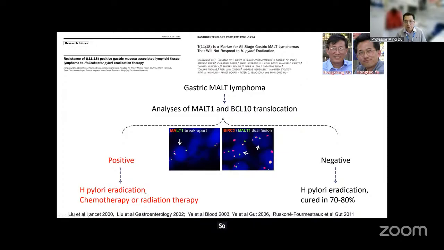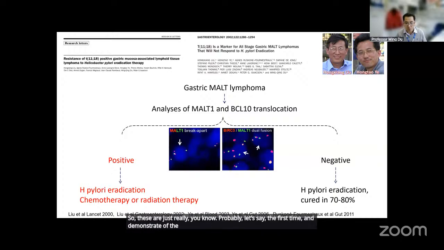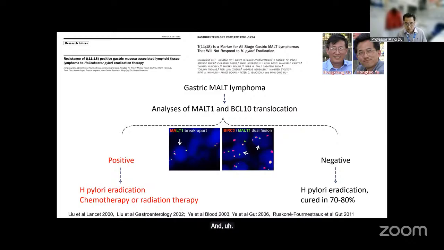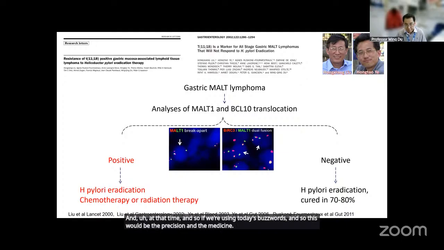So this is probably the first demonstration of stratified patient management in MALT lymphoma. If we use today's buzzwords, this would be precision medicine.